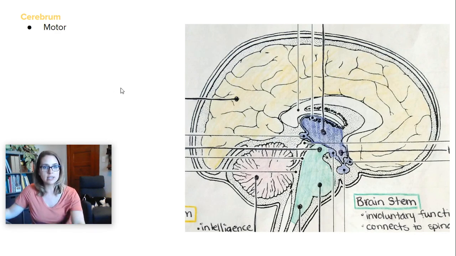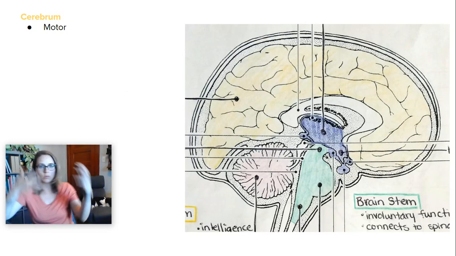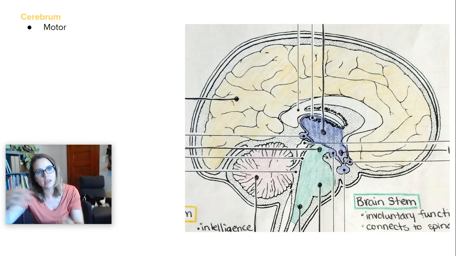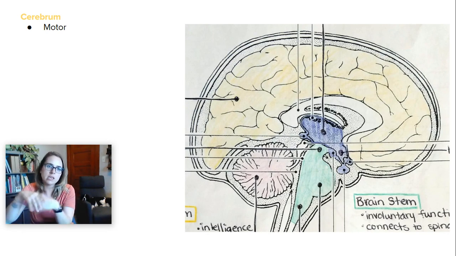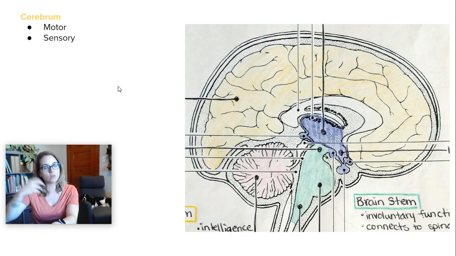I want you to jot down the cerebrum's functions. So it's your motor movement. So Mrs. Lloyd loves to talk with her hands. And that is your motor function, or typing on a keyboard, or texting a friend, or playing basketball. All of that motor function where you control your bodily functions is taken care of by the cerebrum. It also senses the world around you.